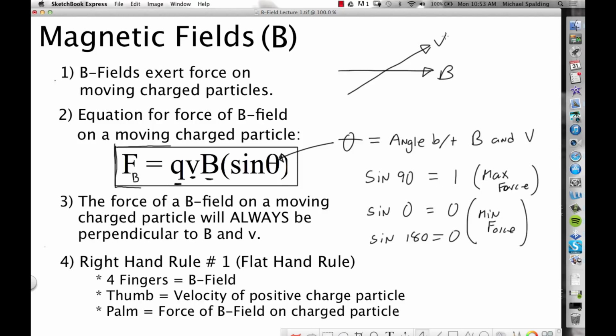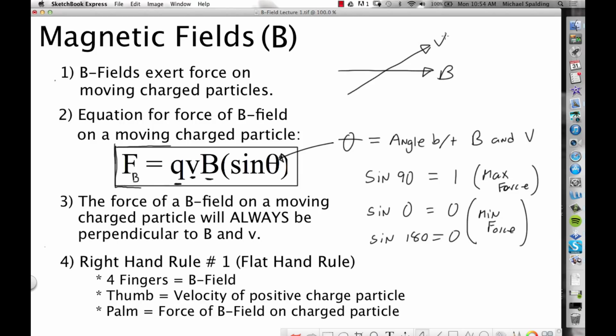So if you take your magnetic field and the velocity of the charged particle, just draw them out as 2 vectors, the force will either be perpendicular this way or perpendicular that way. But it'll always be perpendicular to this plane that's created by B and V. Does that part make sense? It'll always be perpendicular.